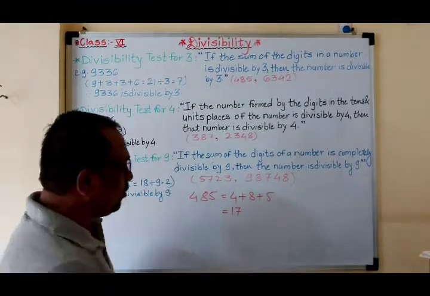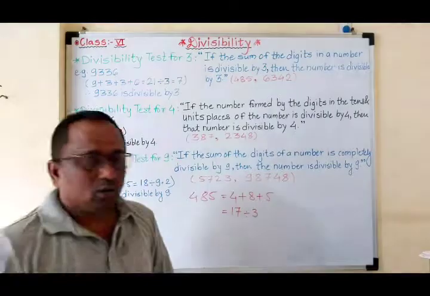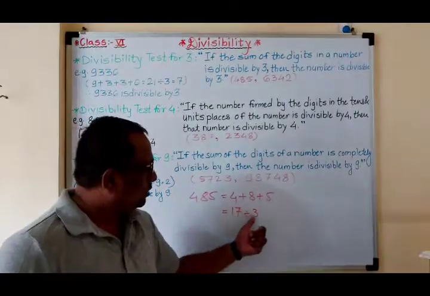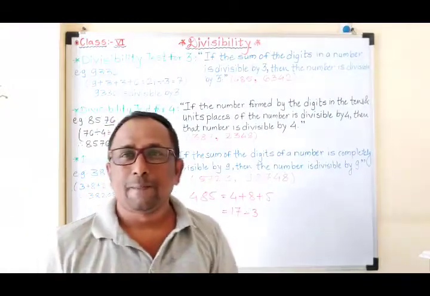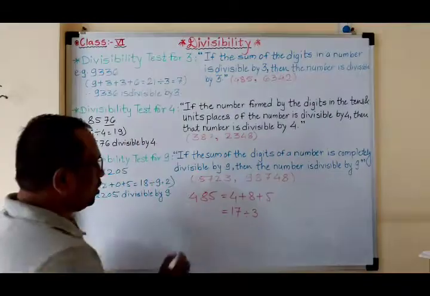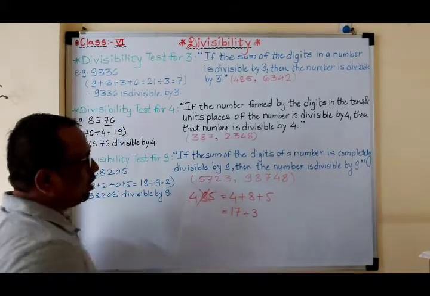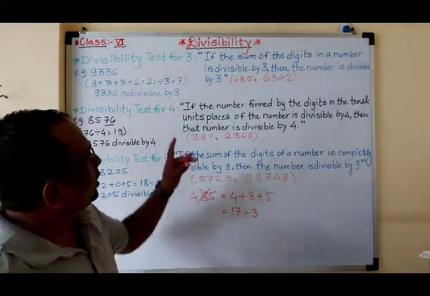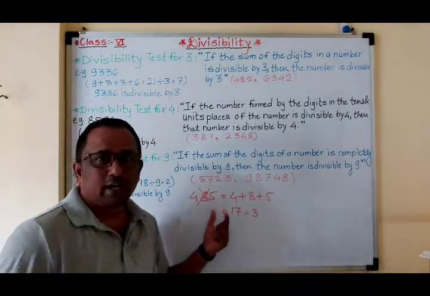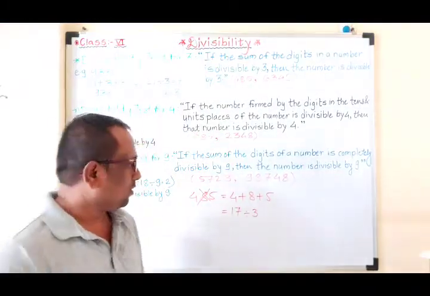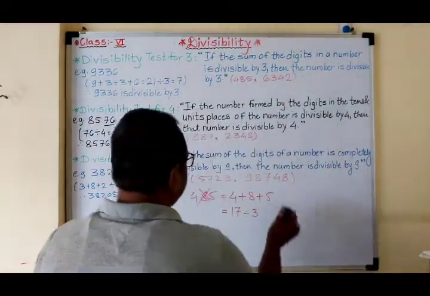So now we have to divide 17 by 3, but 17 is not divisible by 3. So this 485 is not divisible by 3. So the divisibility test of 3 is not applicable for 485.